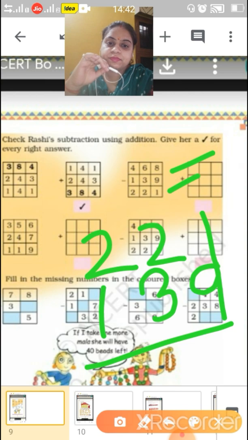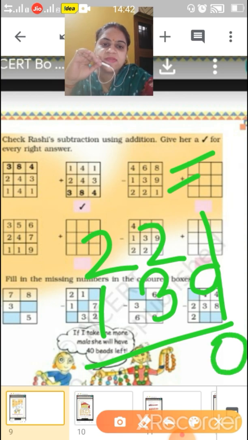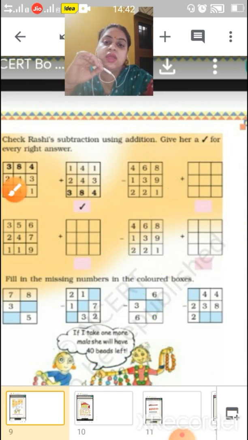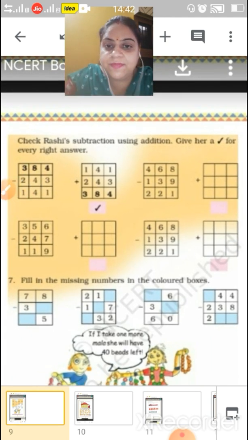Because they are subtracting. Understood? So 9 and 1, that is 10. 3, 4, 5, 6, and 2 and 1, 3. So children, you can see that when they are subtracting, what we are getting, and when they are adding, what we are getting.